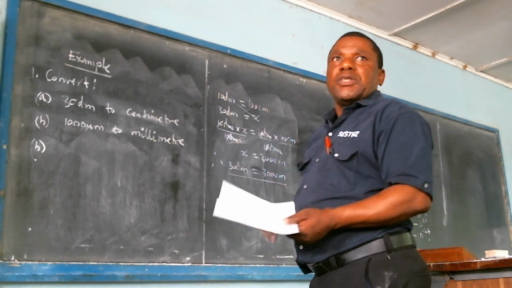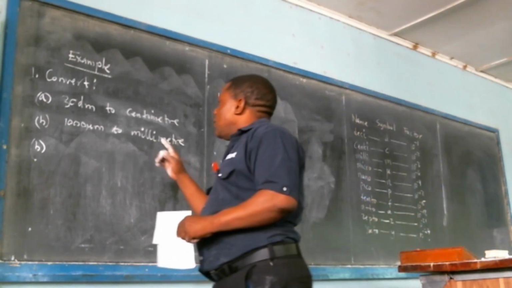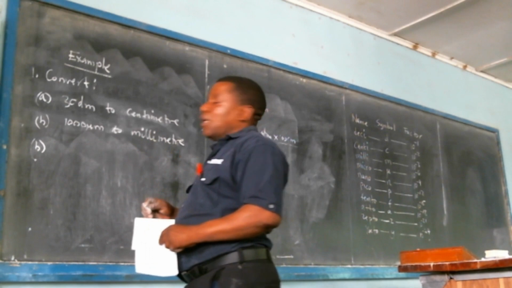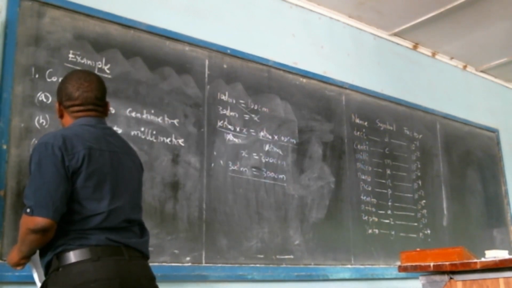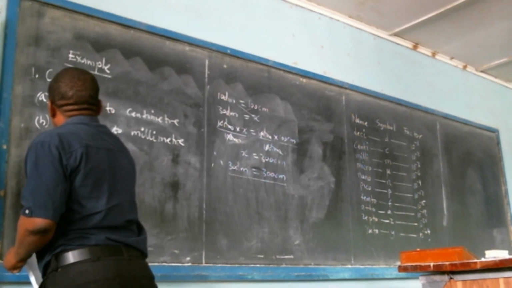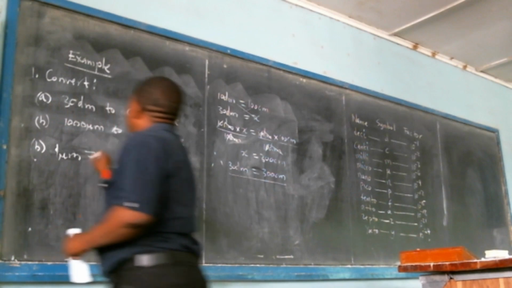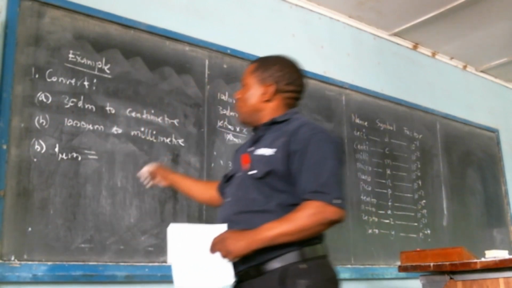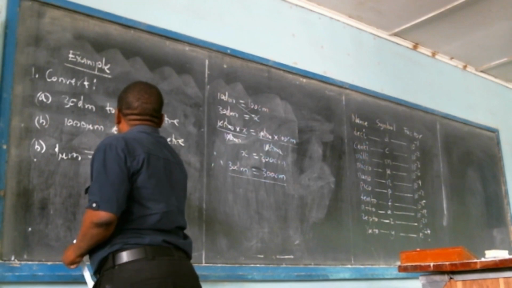As usual, first we need to make a standard scale for micro. How many micrometers make 1 meter? 1 micrometer is the same as 1 times 10 to the negative 6 meters.